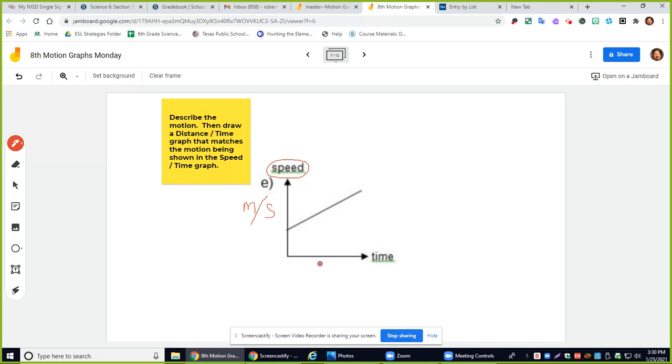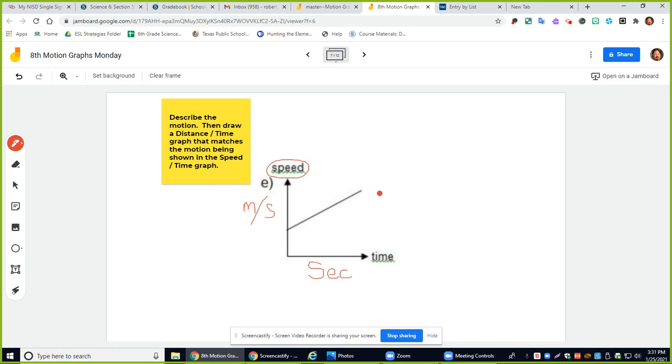And time, again, is in seconds. If we go back to the distance time graph, that was meters per second, which is speed. Here we have meters per second, second.